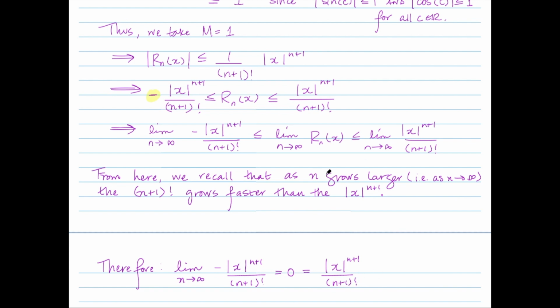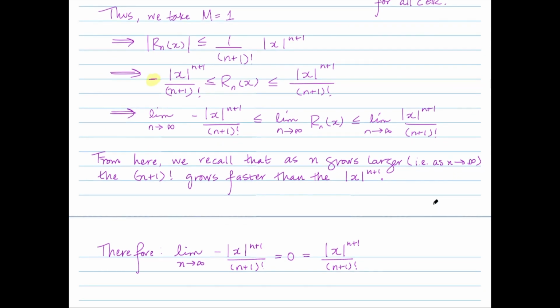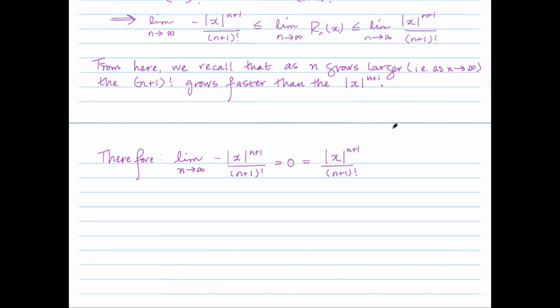So here what I have written is that we've got the limits in there. Recall now we've got this squeezing happening. Recall that the n plus 1 factorial will grow faster than the absolute value of x to the n plus 1 as n grows arbitrarily large, right? Factorial is the faster growing one. And so it's going to send those limits to 0.